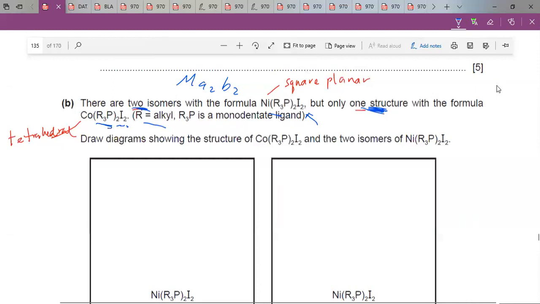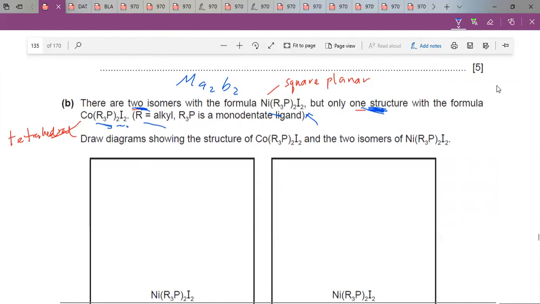So whenever there's coordination number 4, it's either square planar or tetrahedral. For square planar, if it's the general formula M(A2)(B2), it will be cis and trans. For the other one, if there's only one structural isomer, it can be tetrahedral.